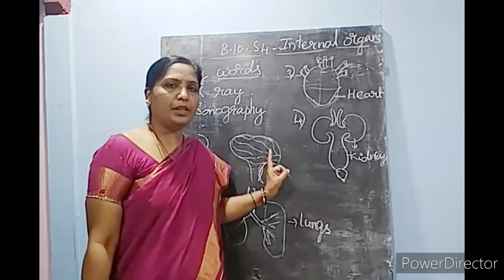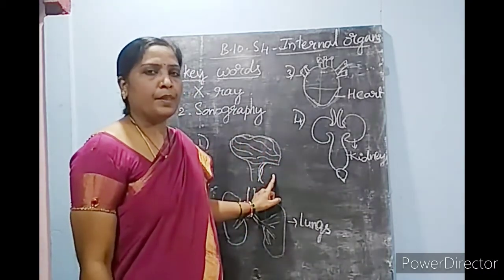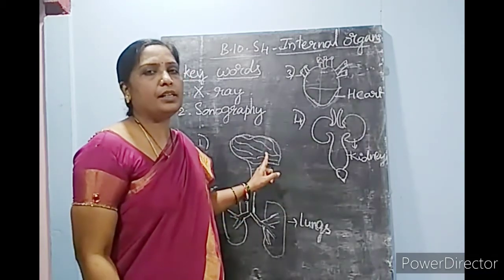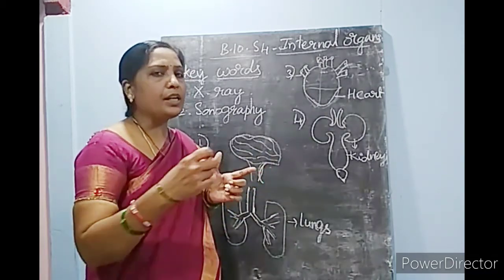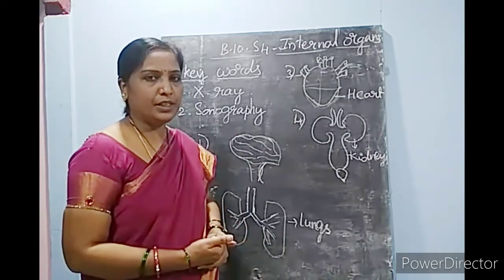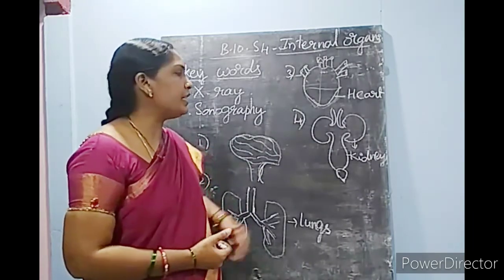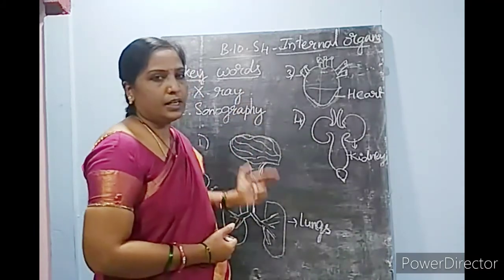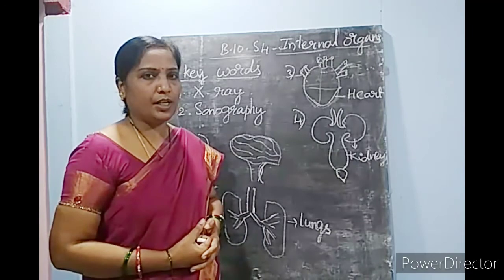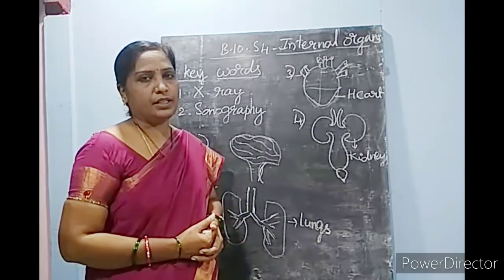Now, have you completed your activity? Yes. Either making the outline of your internal organ or doing a sketch and coloring. So I think you have completed. Now we will see each and every organ. I'll show you how it works and where it is located. We will discuss, children, now.